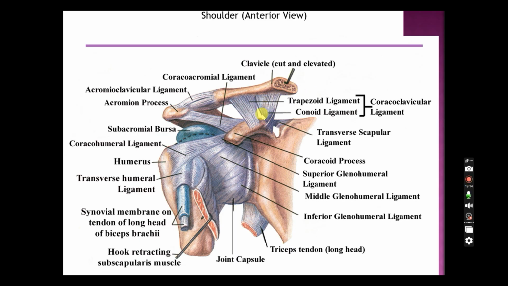Clear? So the abduction cannot be credited completely to the humerus; it is partly done by the scapula also, at the acromioclavicular and sternoclavicular joints. We'll come to that.